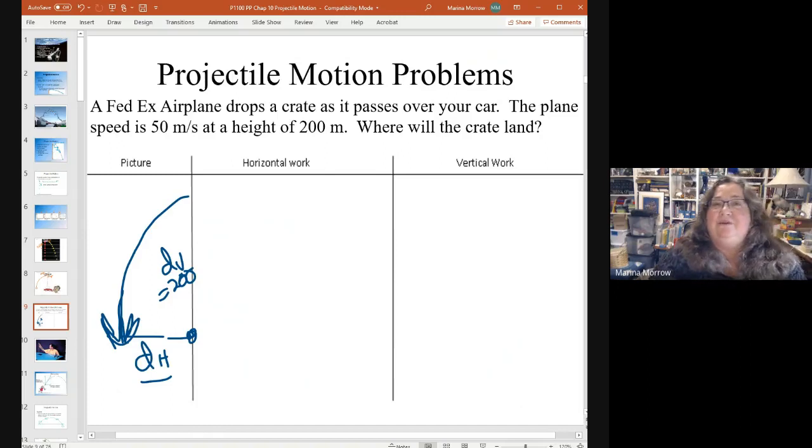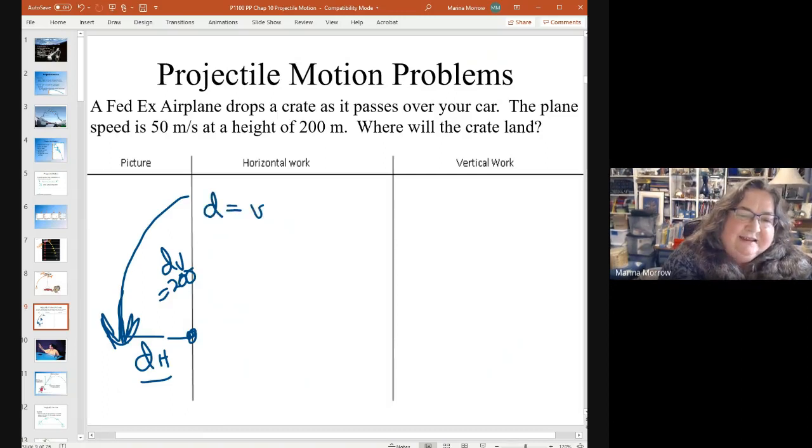Now, when we're doing problems like this, there are certain equations we can use. And we're going to divide it up into horizontal work and vertical work because we have to use different equations. One has acceleration, one doesn't. Okay, so for horizontal, about the only equation we can use really is that distance is velocity times time. That's an equation for a constant velocity.